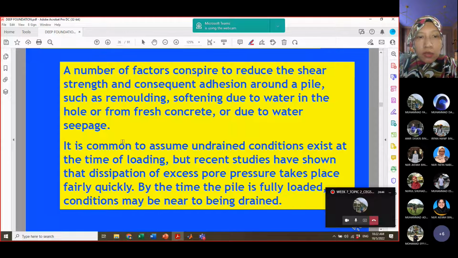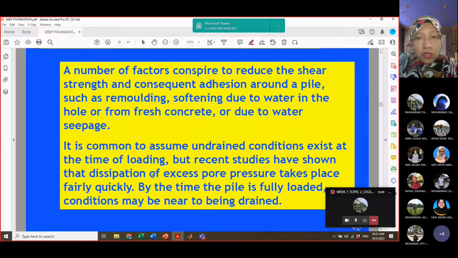Okay, it is common to assume undrained condition exists at the time of loading, but recent studies have shown that dissipation of excess pore pressure takes place fairly quickly. This is what I said. Bila you ada satu loading, you apply on the clay, clay can behave in the total stress dan juga effective stress bergantung kepada allowing the excess pore water pressure.